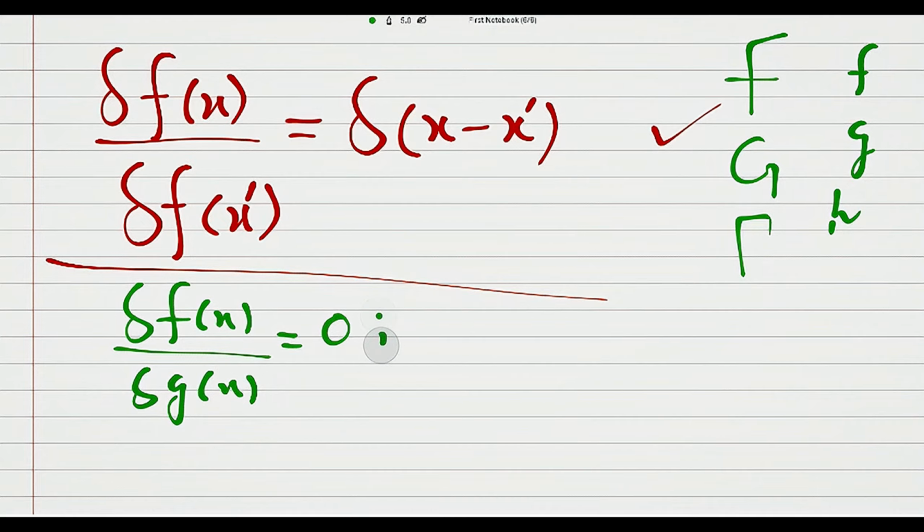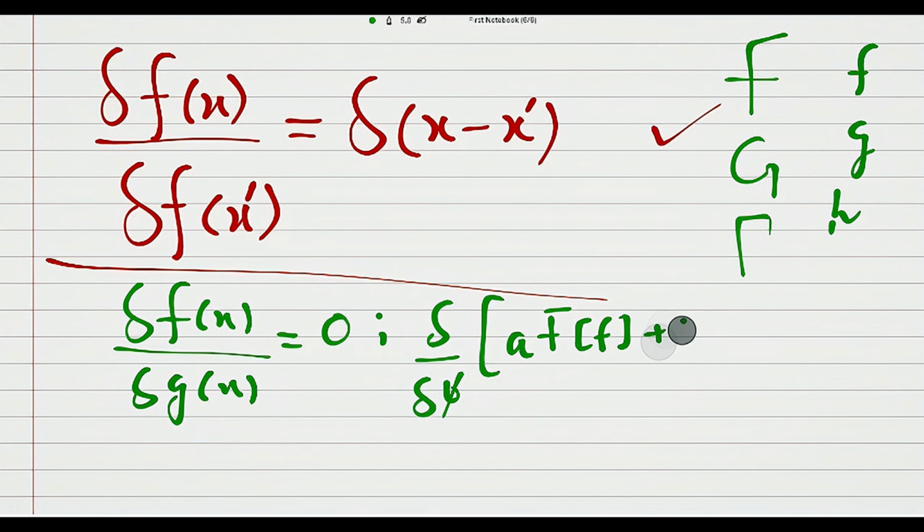The other relation is linearity. For example, if you are finding the functional derivative with respect to some phi field or f field, whatever, and we have a times a functional of f plus b times a functional of g, you can distribute it.